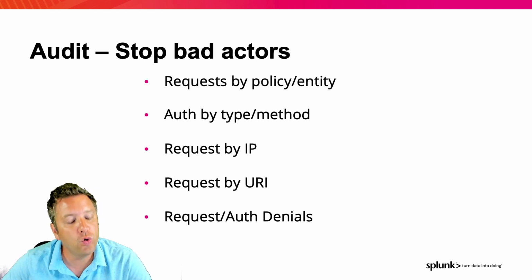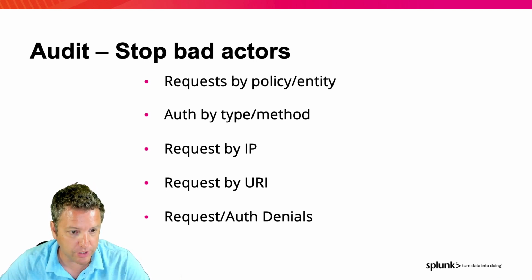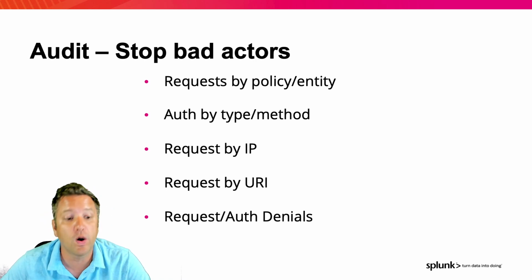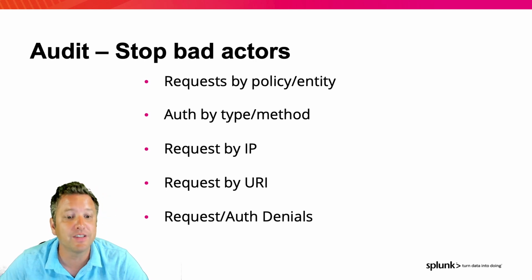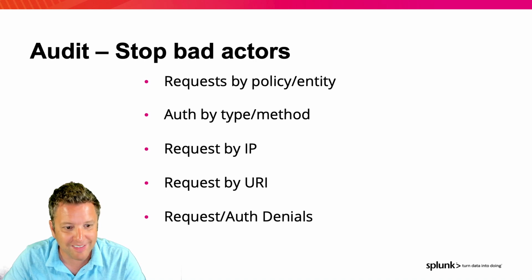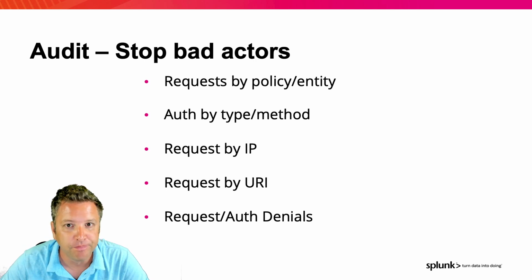So checking who is making requests to your secrets management tool, who is making requests to your repos, how frequent are the requests, where are they coming from, what policies are they attempting to use, what are the authentication types and methods. This is going to be true pretty much 100% of the time for all of your tools in your tool chain. It's the bare minimum.